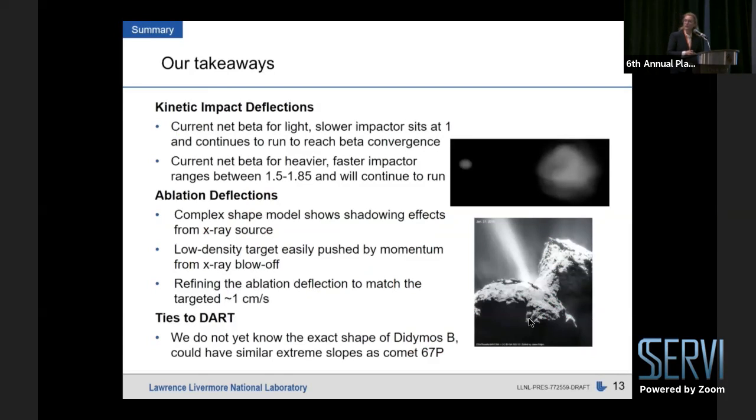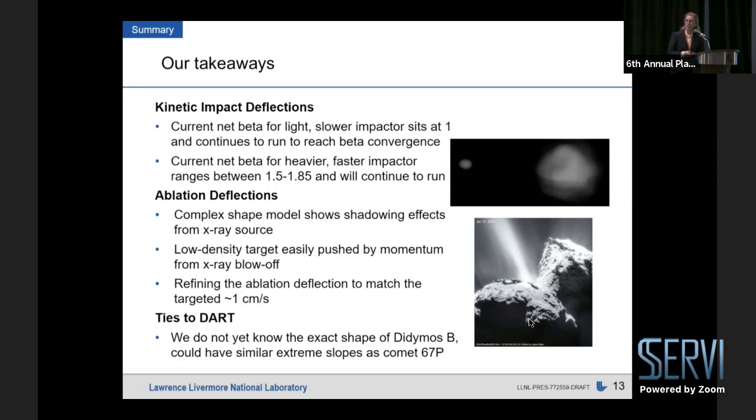So our takeaways so far are that our net betas for our light, slower impactor are sitting at around 1, but these simulations are still running. For our heavier, faster impactor, we have betas that range between 1.5 and 1.85. These simulations are also continuing to run, and they'll run until we see our betas are converging.